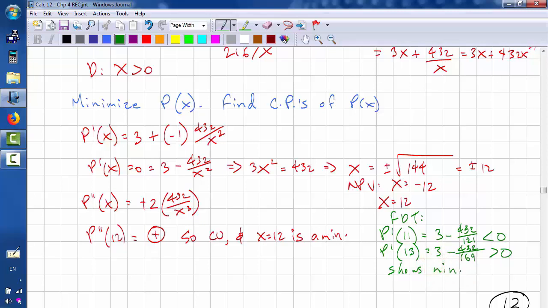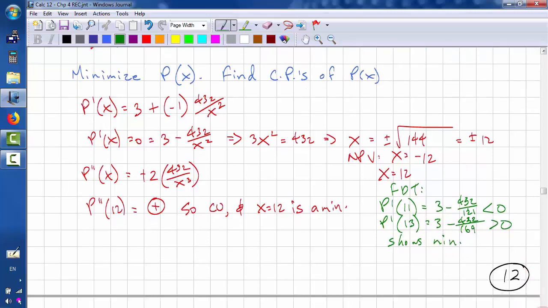Okay, finding x does not mean we're done. We have to answer the question. So we need to plug it back into the formulas. The patch is 12 by 216 over 12. That simplifies to 12 meters by 18 meters.